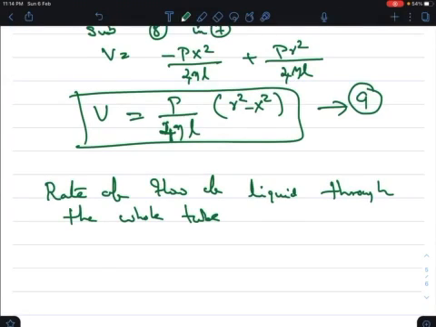So let's put this as Q. That will be equal to, you have to integrate this again, okay? Or we can just put it as capital V itself. Integral. So from where to where? 0 to R.